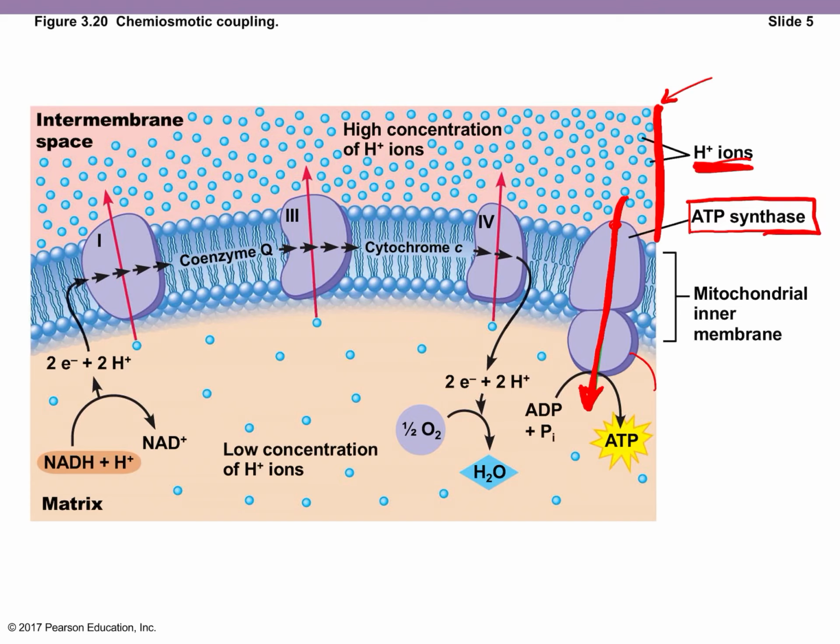The ATP synthase molecule harnesses the energy in this flow of protons so that it basically adds the phosphate group onto ADP to make ATP. Okay, so the ATP synthase enzyme directly gets its power to make ATP from this concentration gradient. Allowing the hydrogen ions to flow down their concentration gradient is going to make ATP.